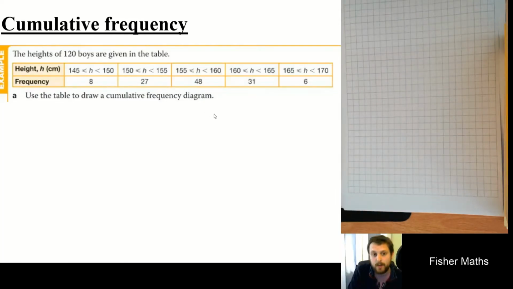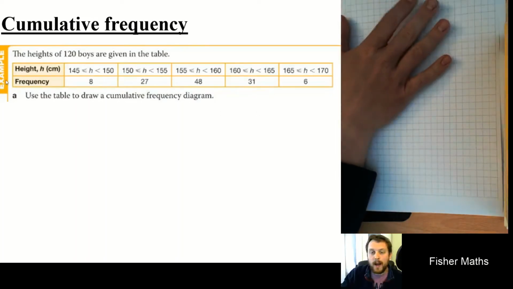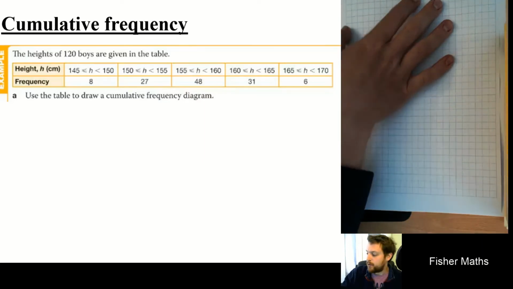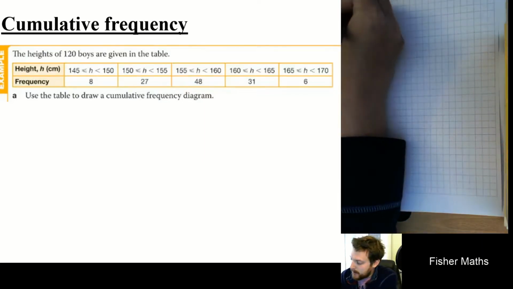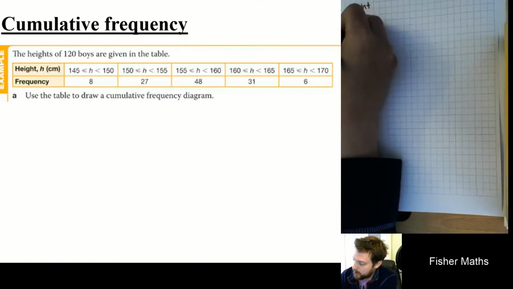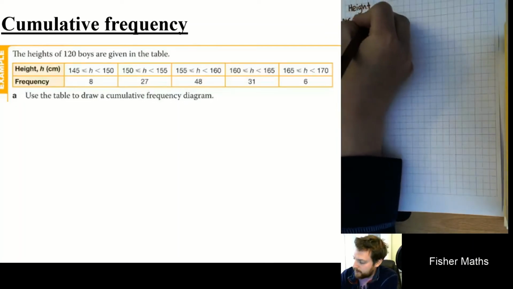So what we do in this situation, to draw a cumulative frequency diagram, we need an extra row, I guess, but what I'll do is I'll copy it out here on this bit of paper and I'll draw it the other way around so that they're columns. So I've got height, so this is 145 to 150.